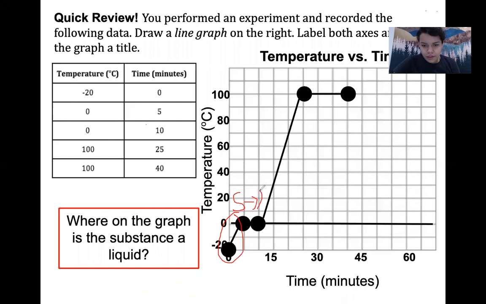Solid to liquid, this is the liquid, and then liquid to gas. Okay, so it's asking which on the graph is a liquid. So that liquid would be that diagonal, and that would be this part, right?